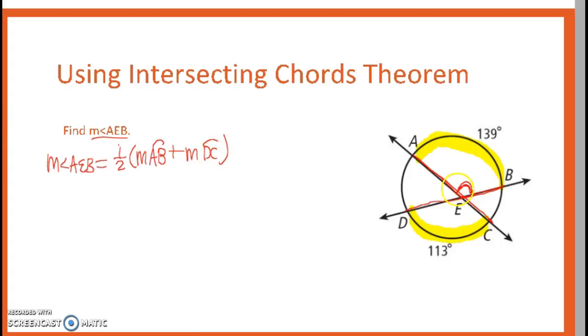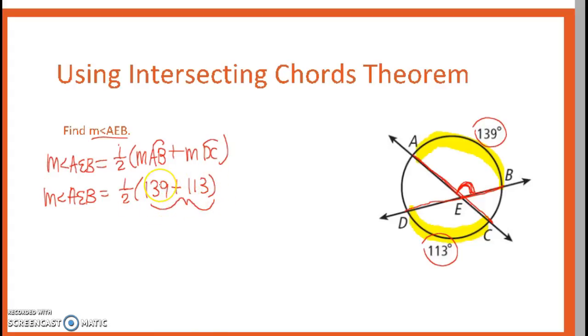So if I want to find this measure here, then I just add those two arcs together and then multiply by 1/2. So 139 plus 113. Do what's inside parentheses first. 139 plus 113 gives me 252.